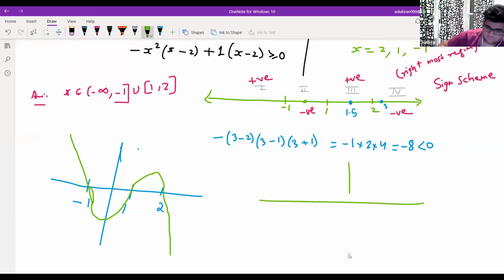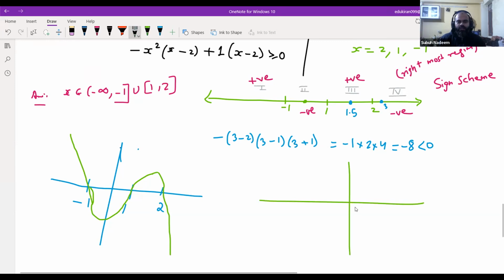So the points are -1, 1, and 2. When you draw the graph, you start from negative, then positive, then negative, then positive, like this.